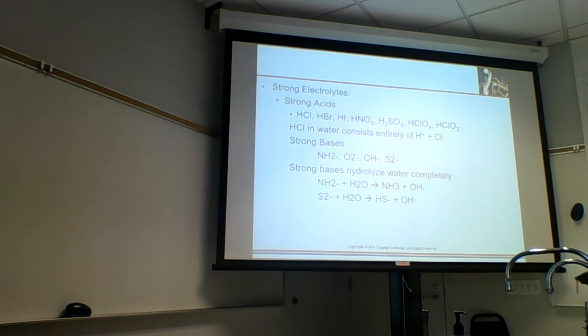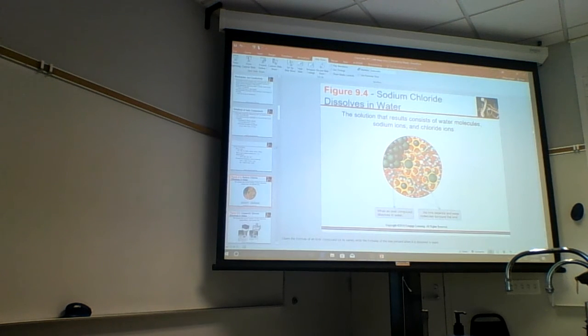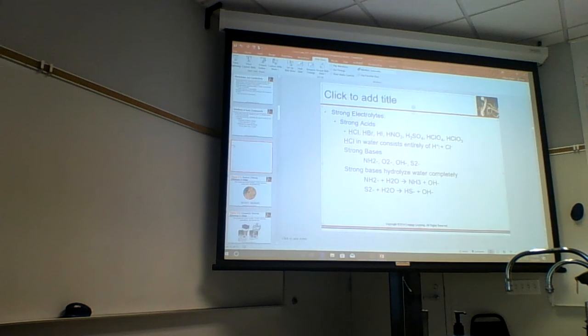Okay, strong bases hydrolyze water completely. When I say H plus here, I should change that. And so let me edit this slide a little bit, because this H plus is really what? I need to put this in quotation marks, because it doesn't really exist as a single proton.